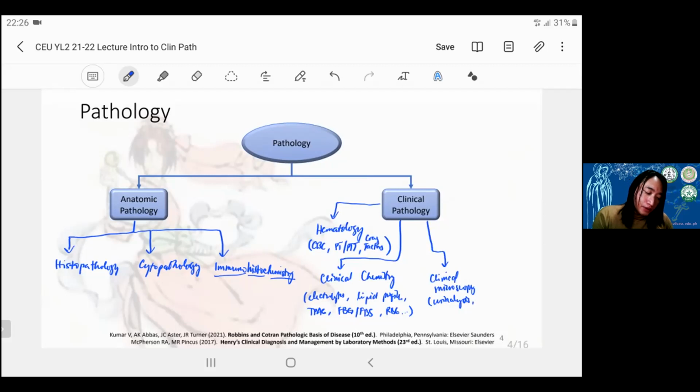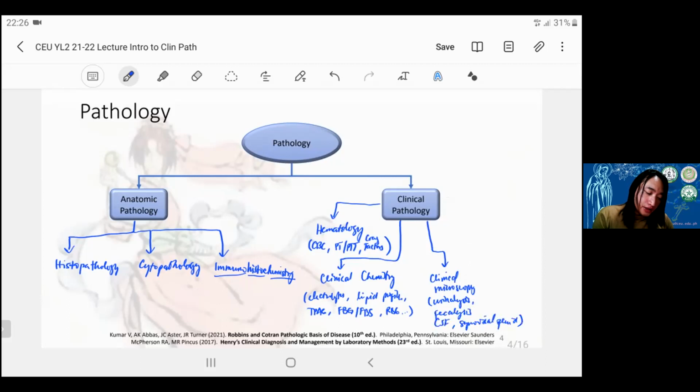So you examine it through the microscope. And then fecalysis will also come in for clinical microscopy, your CSF analysis, what else? Synovial fluid. So the different crystals that are found. So that's basically clinical microscopy.